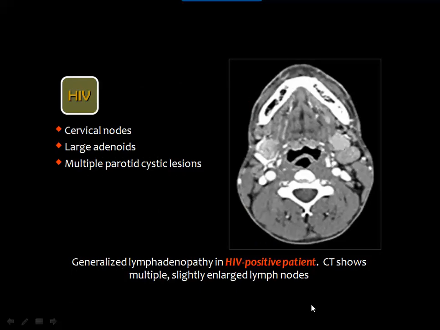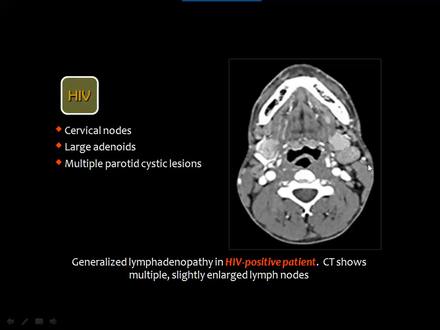In patients with AIDS or those who are immune compromised, you may get cervical lymphadenopathy and also enlargement of the lymphoid tissue in the neck, particularly the adenoids. And you also get, you remember, in the parotid gland, multiple lymphoepithelial cysts, which are spread in the parotid glands in patients known to be HIV positive.